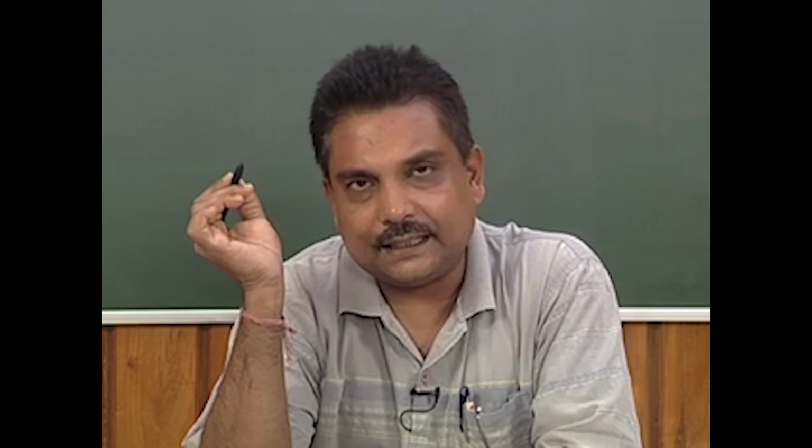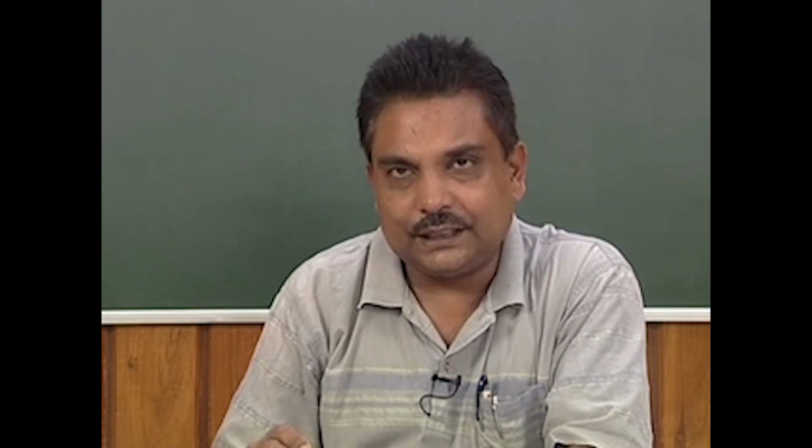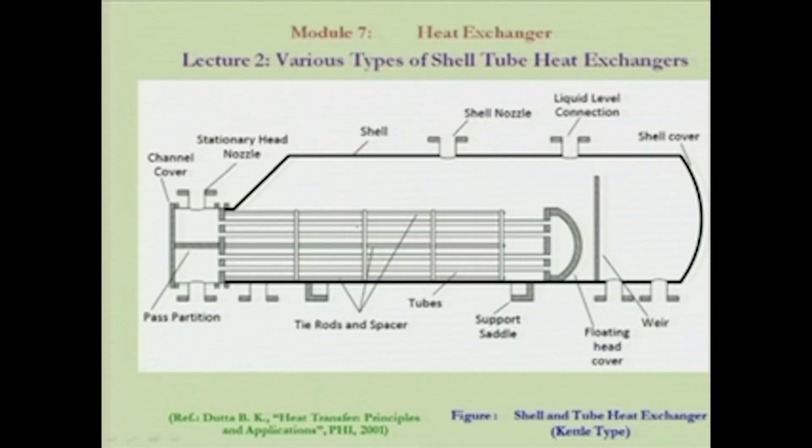Here it is again like a shell and tube heat exchanger, but the only thing is that in the shell side portion there is a huge space, and this huge space is to accommodate the vapor that is coming during the boiling operation.